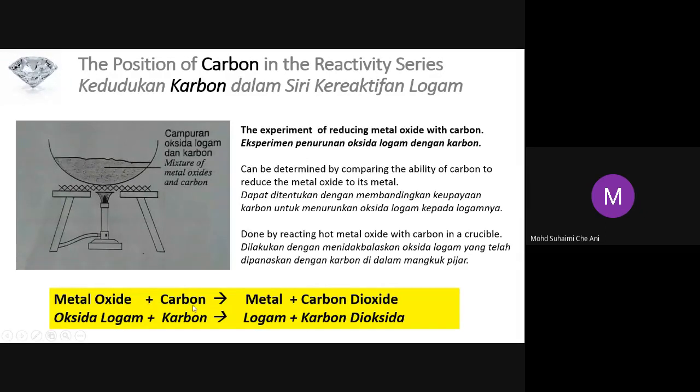So maksudnya carbon steals the oxide from the metal oxide. When it steals the oxide, it becomes carbon dioxide. It just leaves the metal alone. So kalau carbon tu boleh buat kerja, carbon can replace means that carbon is more reactive than the metal. So the position of the carbon is on top of that metal.